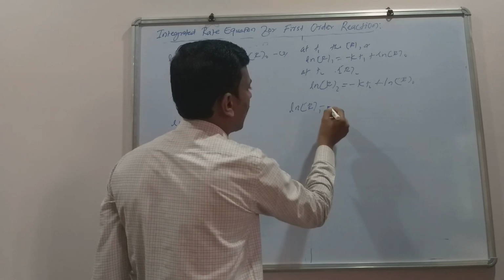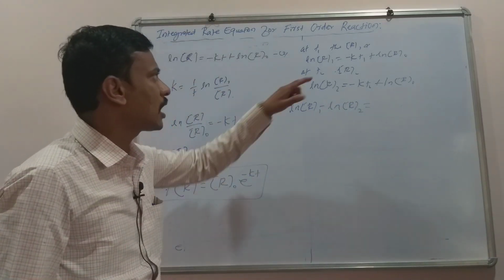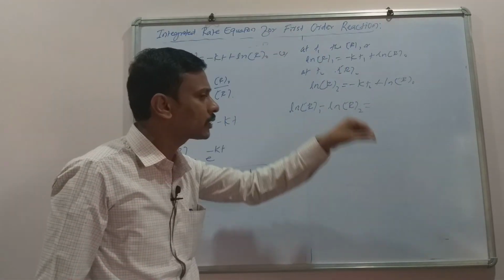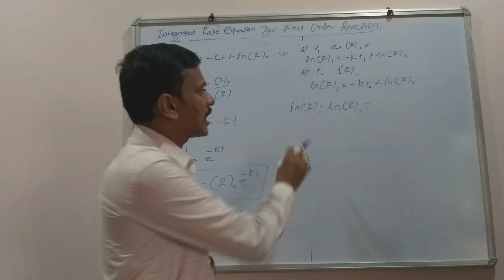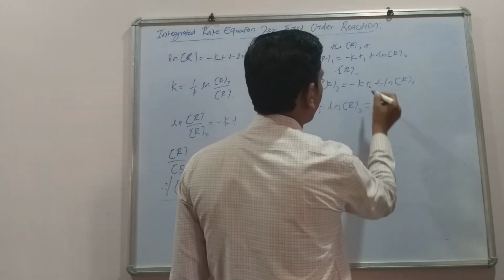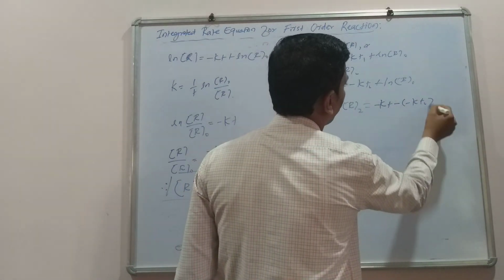ln r1 minus ln r2 is equal to, where r1 and r2 are the concentrations of the reactant at times t1 and t2, minus kt1 minus of minus kt2.